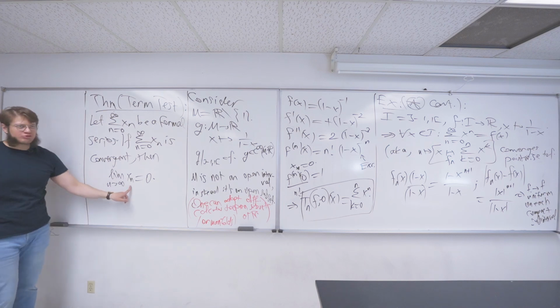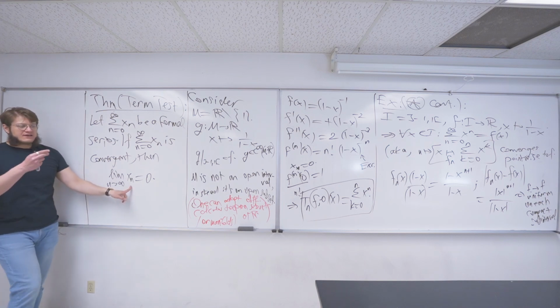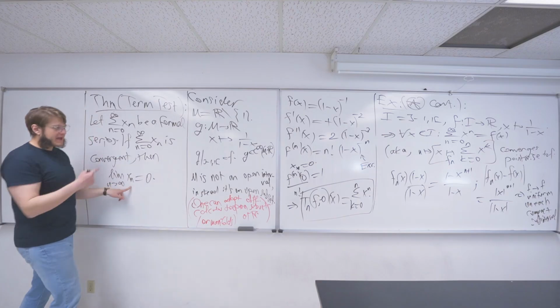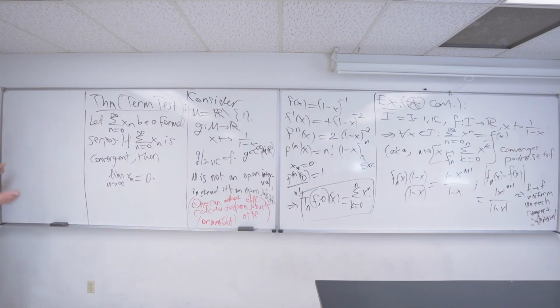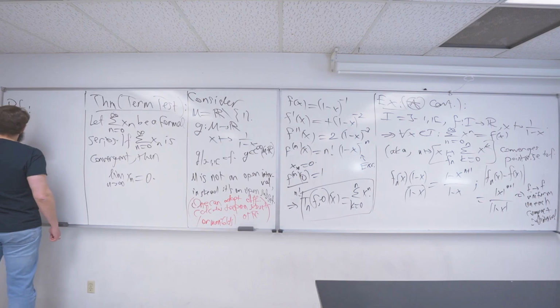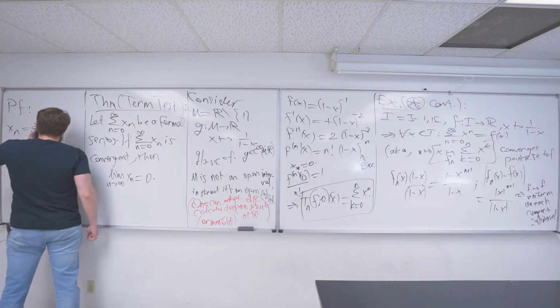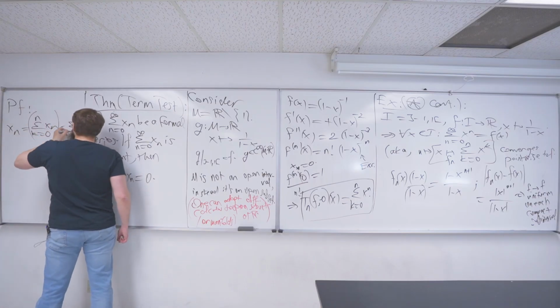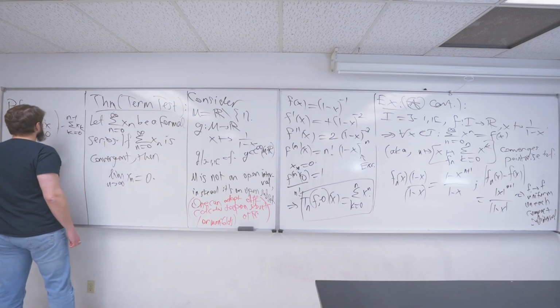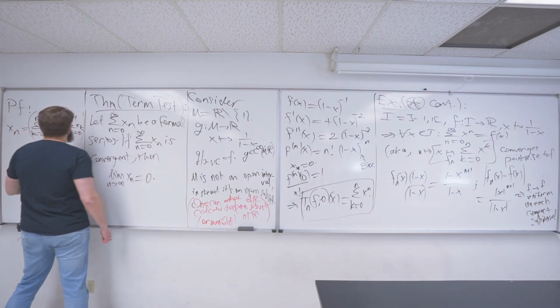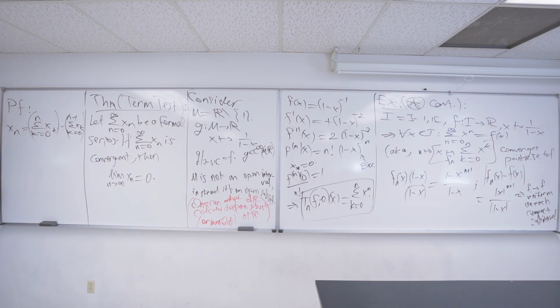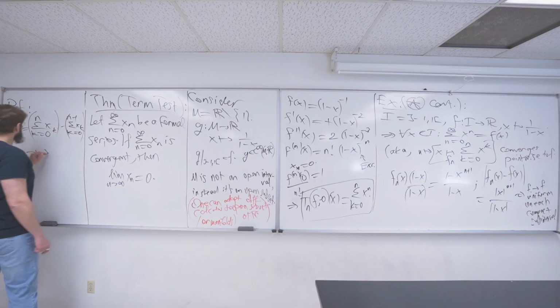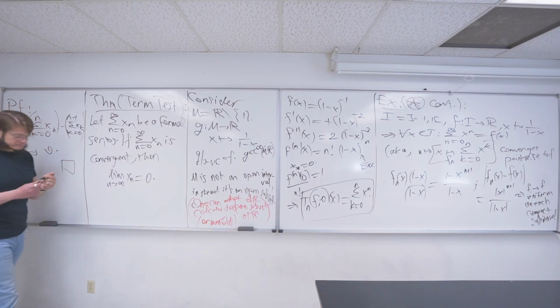Namely, the nth term here is nothing but the partial sum all the way up to n minus the partial sum all the way up to n minus 1. I'm saying this converges to something, and certainly this has to converge to the same point. So the difference goes to 0. Okay, that's the proof.